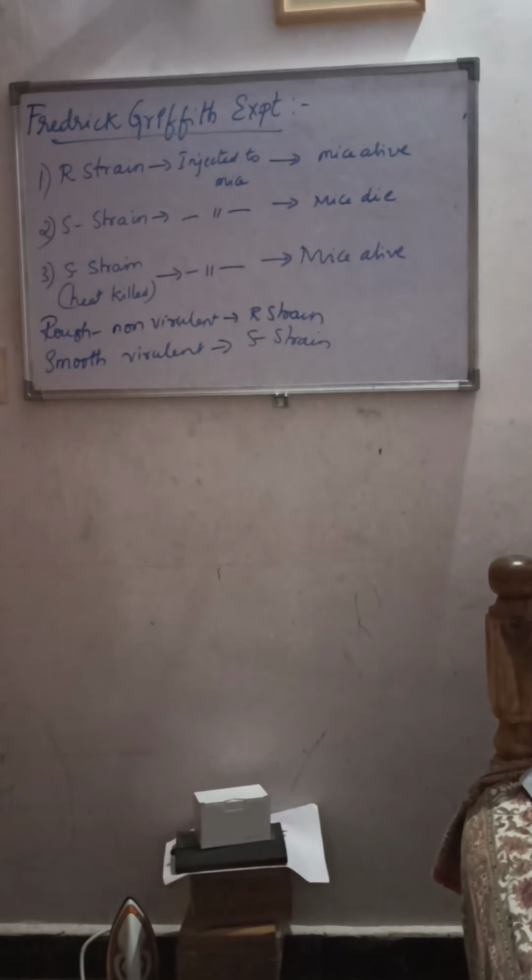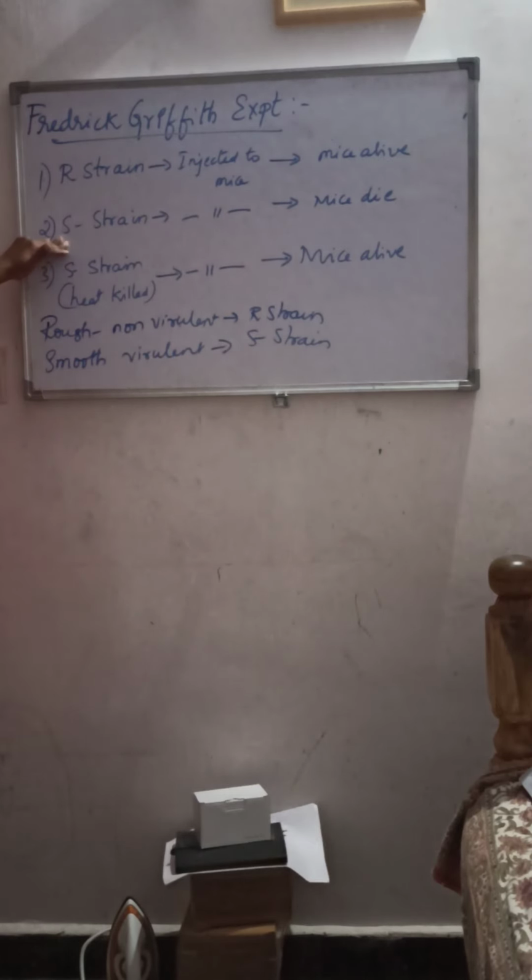First, in the first step, Frederick Griffith injected the live R strain into a mouse. As we know, the R strain bacteria is non-virulent and obviously the mouse stays alive.